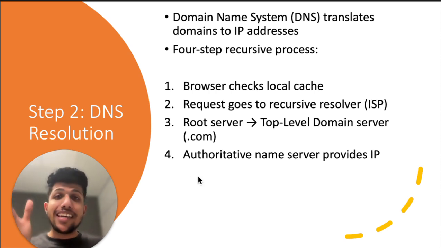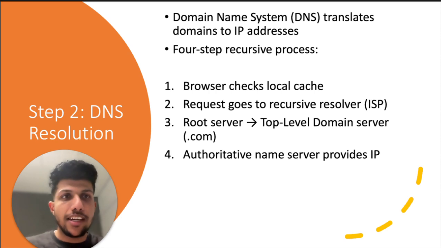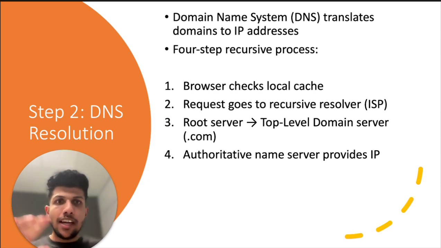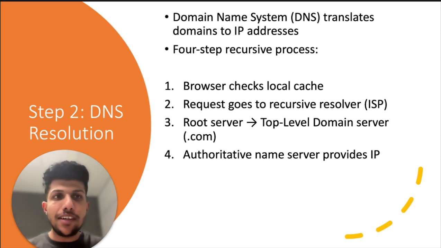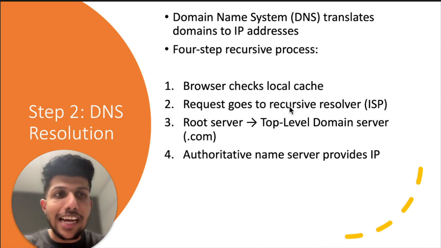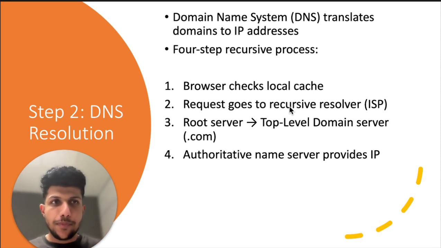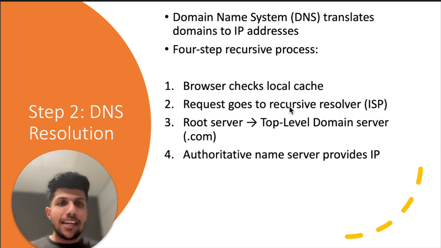So what is DNS? DNS translates domains to IP addresses. It acts like an internet phone book. You need the IP address for example.com, and your browser would first check if it already has that information cached. So it will first check the local cache. If it is not available in the cache, it will send a query to a recursive resolver, which is typically operated by your ISP. If it is not cached there either, it will start a journey through the DNS hierarchy.